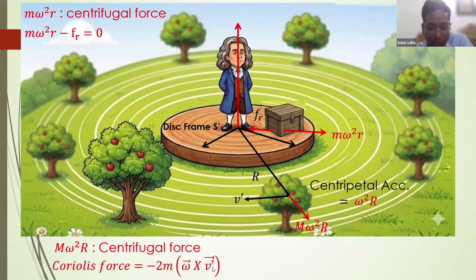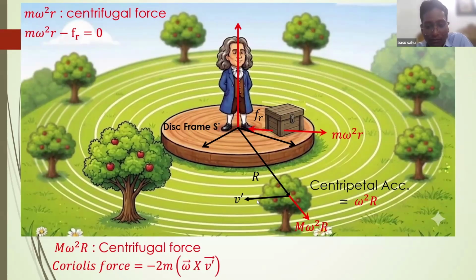Don't think much more about where this equation is coming from. This equation is definitely coming from solving the problem in the non-inertial frame. That is how it came, but we cannot justify it directly that way.